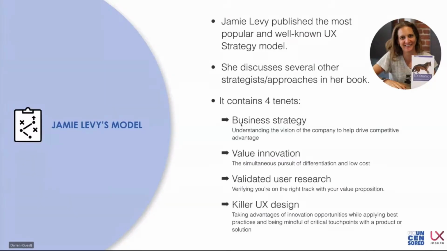I highly recommend the book. I'm going to be talking about some things that are a little broader, but this book is an absolute gem. It's a treasure. And Jamie, though she talks about others who are practicing UX strategy in her book and some of the things that they do from a UX strategy perspective, she focuses on 4 tenets.